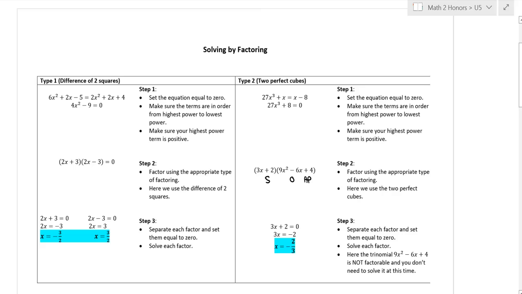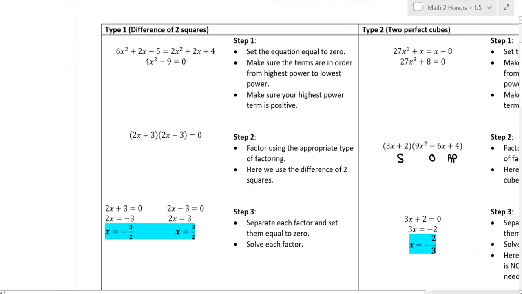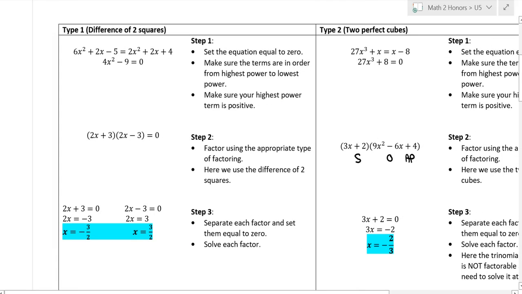So what I made for you is a summary of what you need from unit 2 here, and you could see I gave an example step by step for type 1 of how to solve if you're using the difference of 2 squares, right? And I have just worked out a nice example and the steps that go with that.